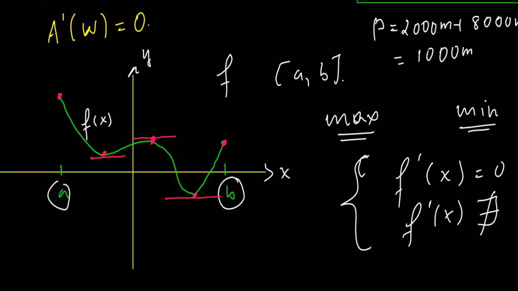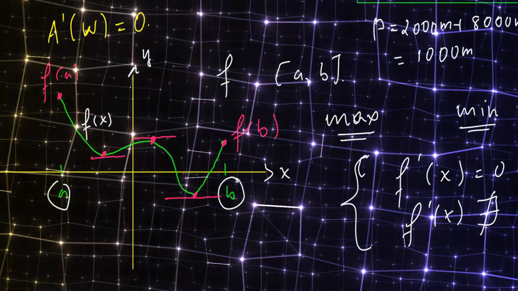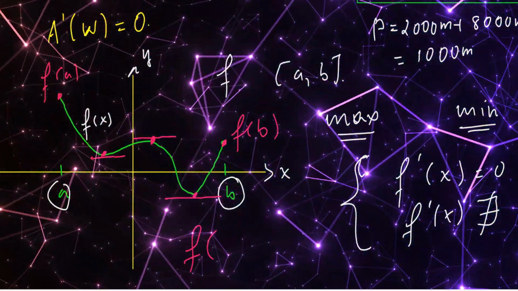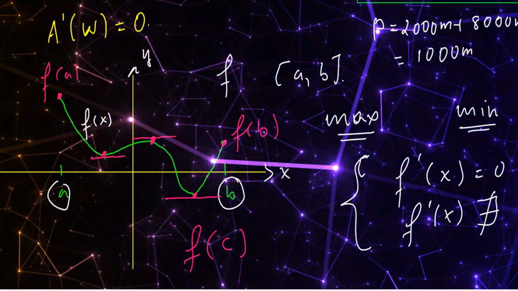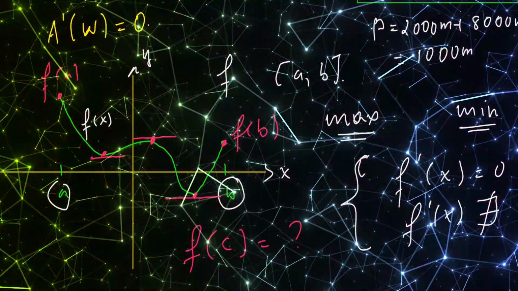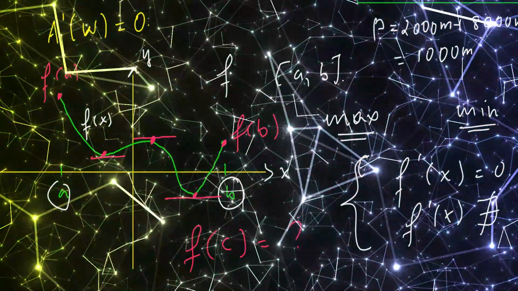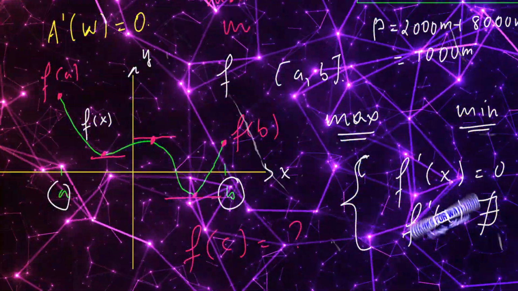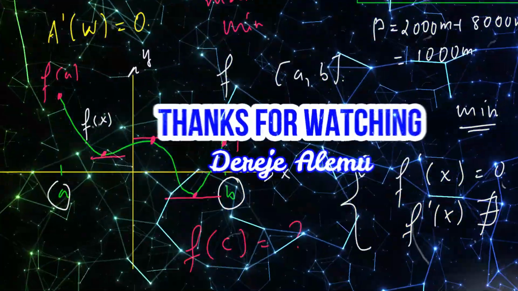We also calculate the values at the end points, f of a and f of b. After calculating the value of the function at the critical points and the end points, we can decide the maximum and the minimum values of the function in the given interval.